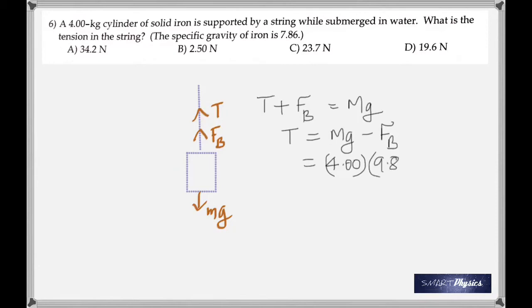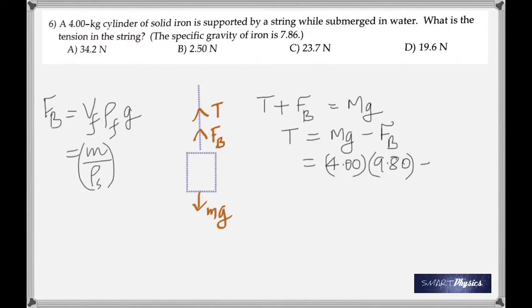So make T the subject, you get mg minus Fb. Mass is 4 kilograms. G is 9.8 minus, to find the buoyant force, it's volume times density of the fluid times G. But the volume of the fluid in this case is the same as the volume of the iron cylinder.